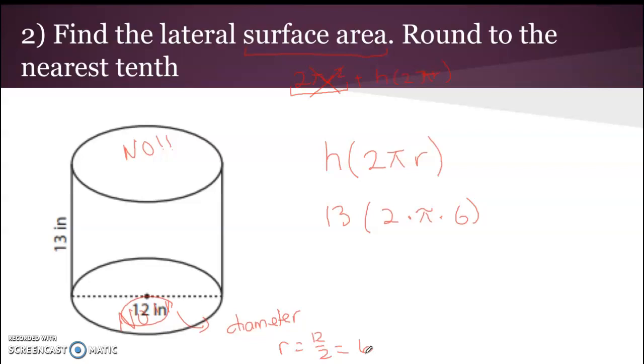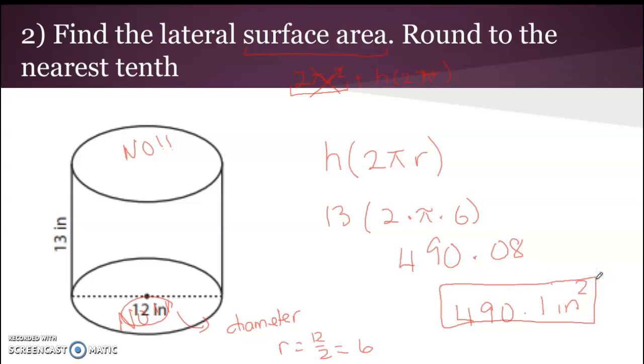So when you enter everything in your calculator, we are going to go ahead and enter the pi into your calculator. And then let's see what we get. You should have gotten 490.08, rounded to the nearest tenth is 490.1 inches squared.